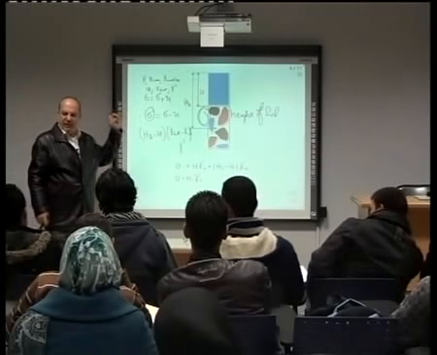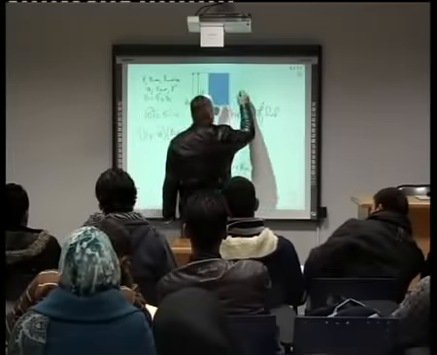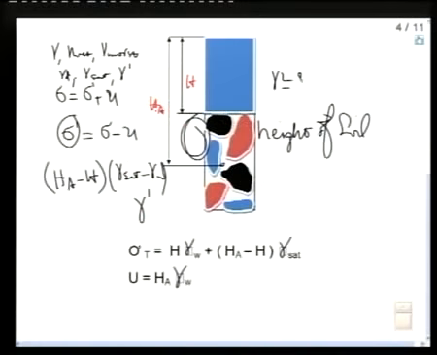Gamma effective, effective unit weight. What is gamma effective? It's gamma saturated minus gamma water. So if you need gamma effective and I gave you gamma saturated, you just subtract gamma water and you will end up knowing gamma effective.